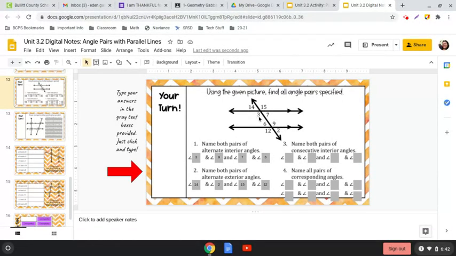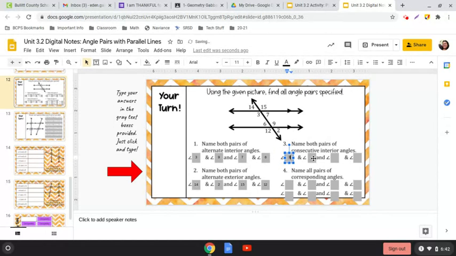So the first one is 3 and 6, and then 7 and 9. Because 3 and 6 are on one side of the transversal, and 7 and 9 are on the same side of the transversal.